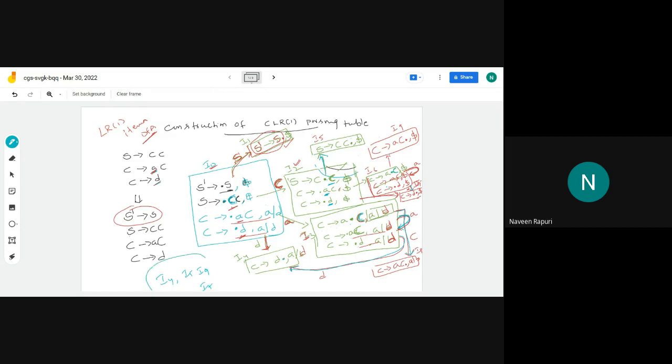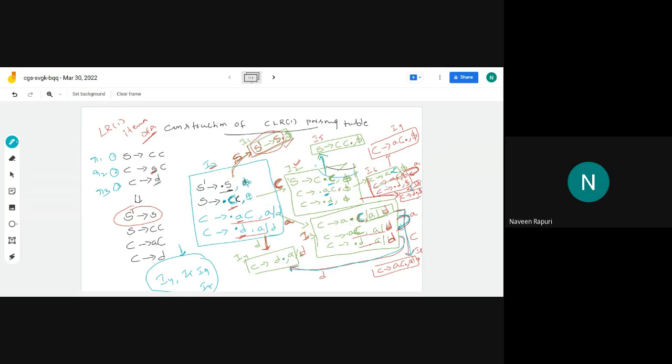So these 4 are ended. These 4 are reduced actions. If we give the numbering for the productions 1, 2, 3, that means this is R1, this is R2, this is R3.